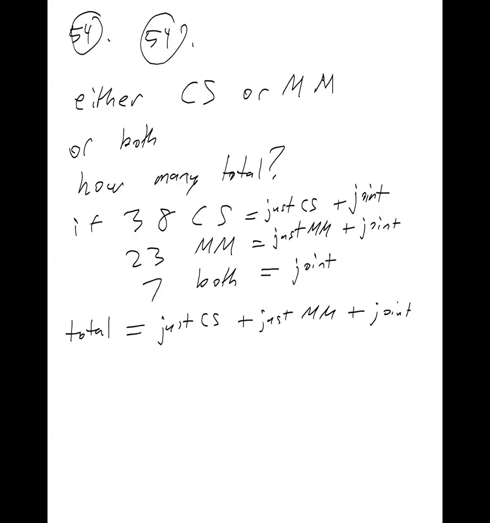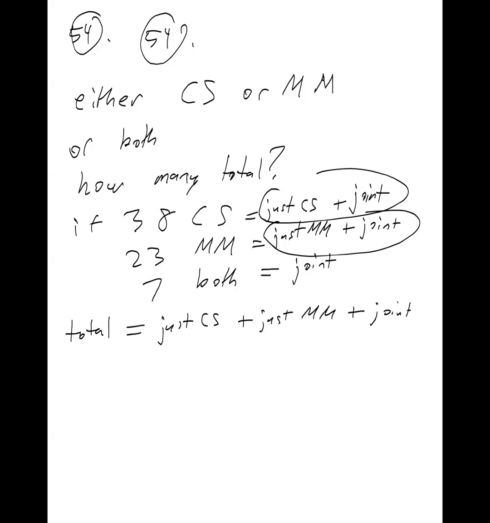So let's just see, if I took this number plus this number. So 38 plus 23, but that's not the total, right? So let me cross that out. I don't want to make you think it's the total.